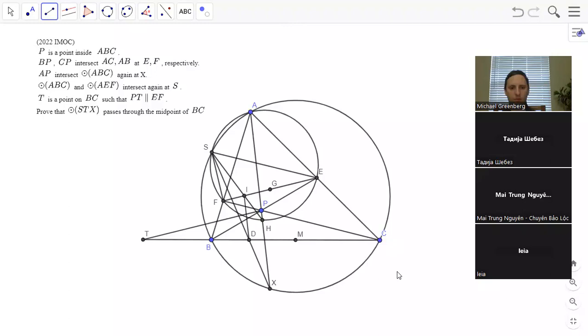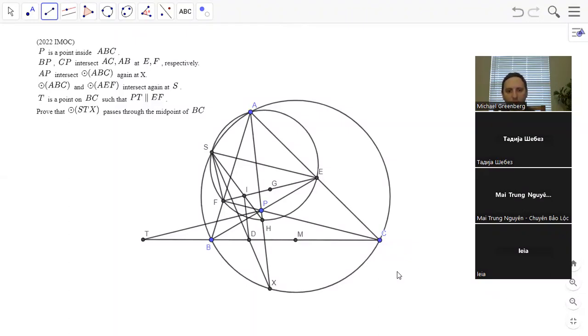So we want to show GP and D are collinear.